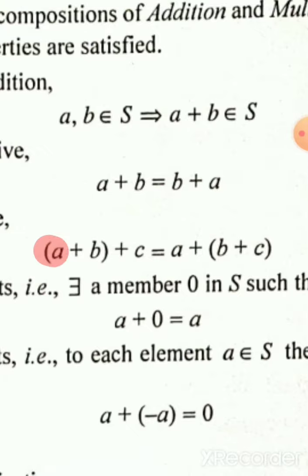See here, initially evaluate a plus b and then add the third element c to it. It must be equal to initially adding b plus c and then adding a to that result. If both left hand side and right hand side are equal, then we can say that set S satisfies associative property. So this is the third property.